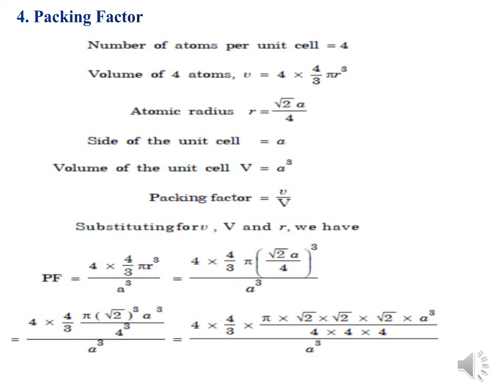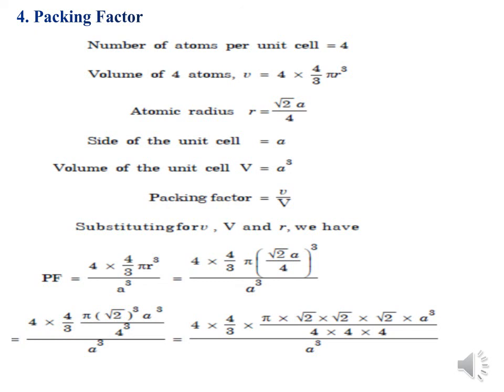Volume of 4 atoms equal to 4 into 4 by 3 pi r cube. R value is root 2 a by 4. The side of the unit cell equal to a. Volume of the unit cell, capital V, equal to a cube. Atomic packing factor equal to small v by capital V.